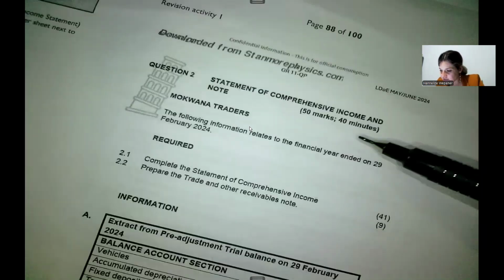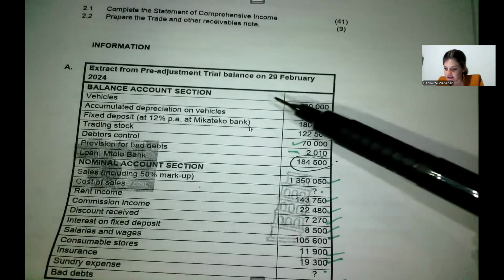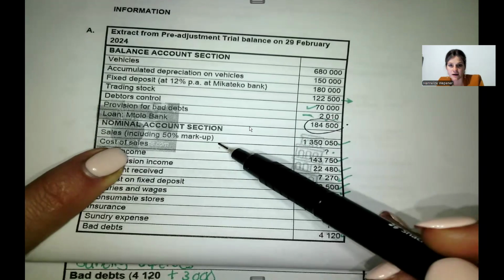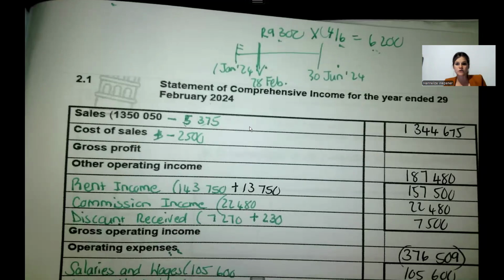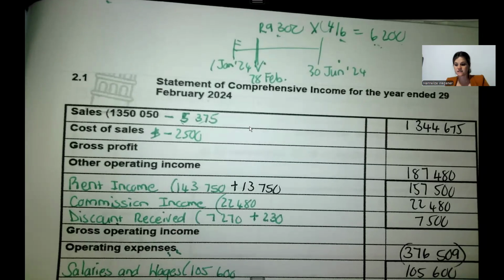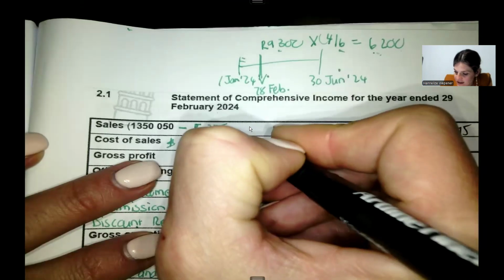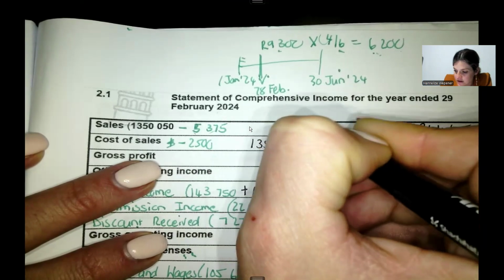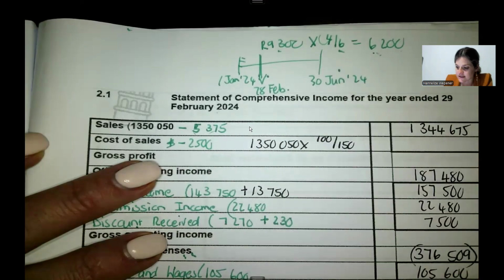It says the following is for the financial year ended. Sales including a 50% markup. So in other words, you had a 50% markup on your cost of sales. So take your sales figure that you had initially times, I want the cost, I'm working with the selling price.